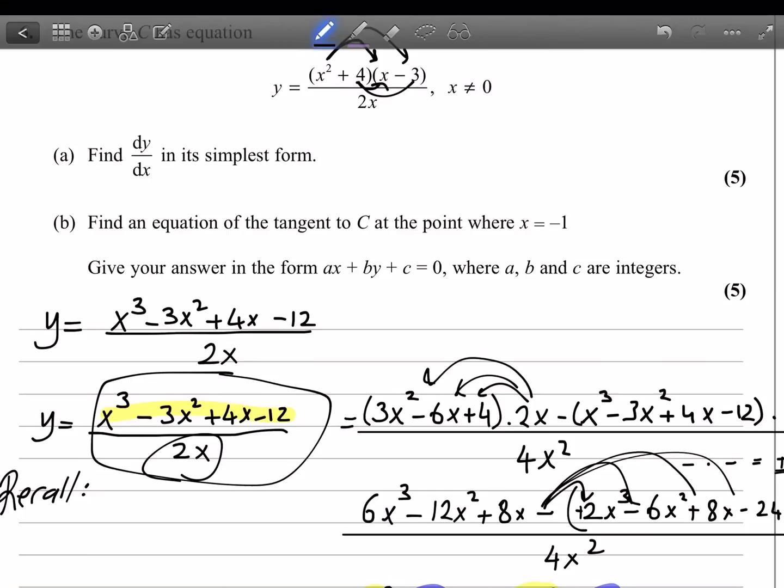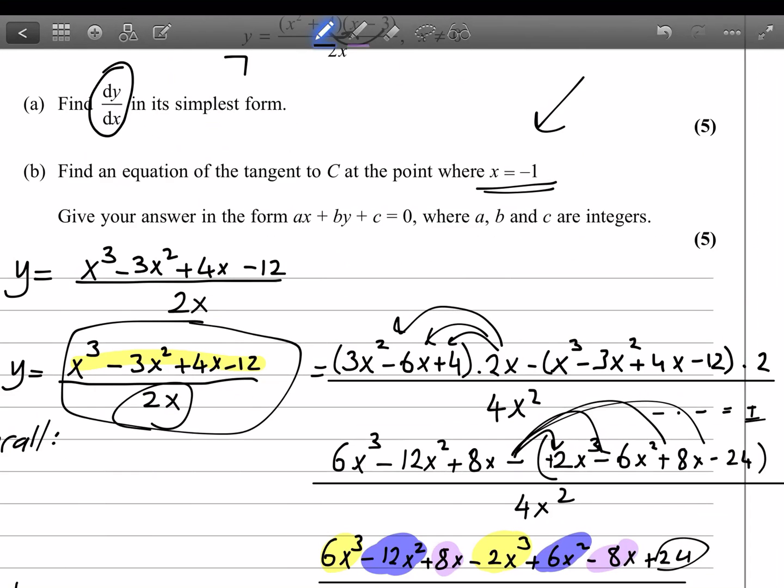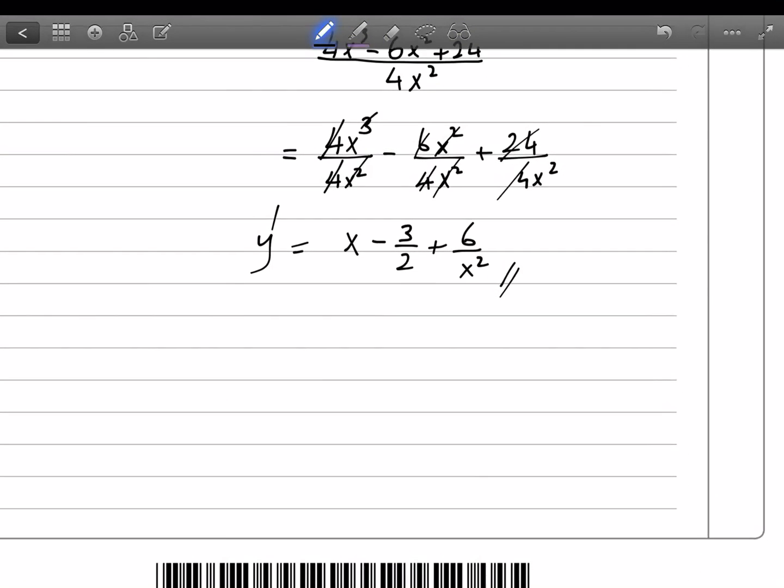After finding the derivative of this function y, if we put the x value minus 1 in it, we will find the slope of the tangent at point minus 1.